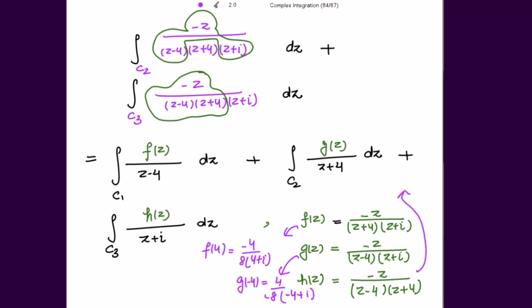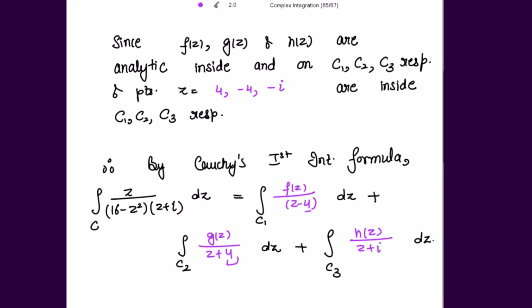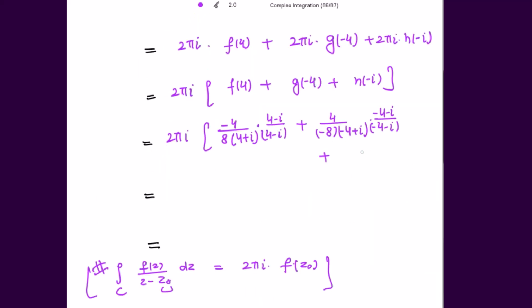So from here we get h of minus iota equal to iota over minus iota minus 4 into minus iota plus 4. So writing here iota over, this is simply in the a minus b and a plus b format. So this becomes minus iota square minus 4 square, right?